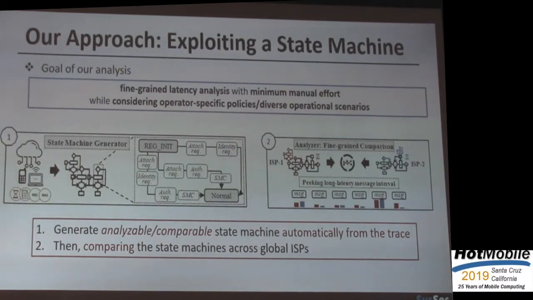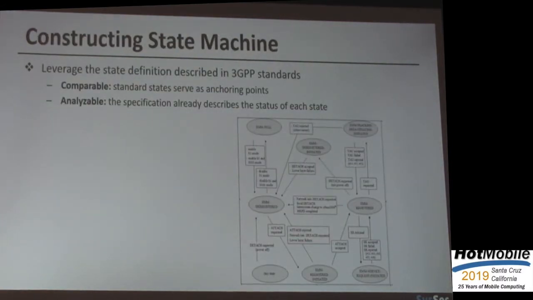Then we compare the state machines across global operators. To do this comparative analysis, we first need to build a state machine. For this, we take two approaches. First, to define states, we bring the state definitions from the standard.